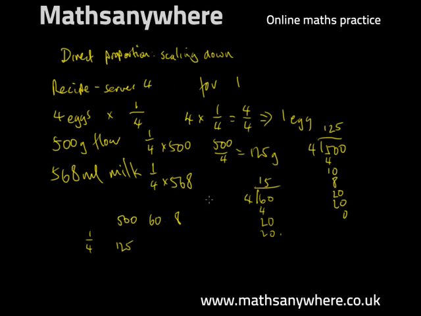So 1/4 of 60, or 60 divided by 4, is equal to 15. 1/4 of 8, you can probably see that 2 plus 2 plus 2 plus 2 equals 8. So if you divide 8 into 4 equal chunks, each chunk is worth 2.